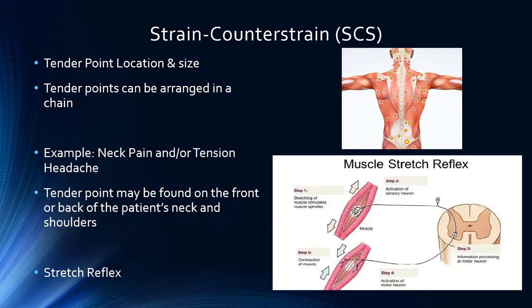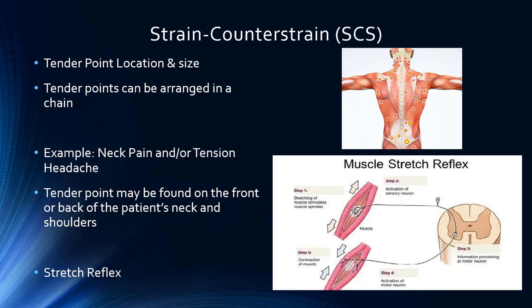Points are often arranged in a chain, and they are often found in a painless area opposite of the site of pain and/or weakness. For example, neck pain and/or tension headaches. A tender point may be found on either the front or the back of the patient's neck and shoulders.